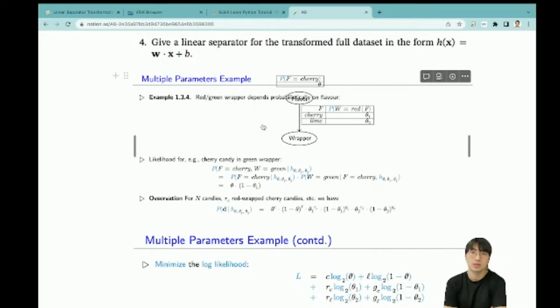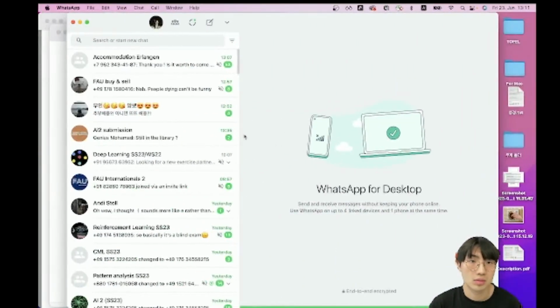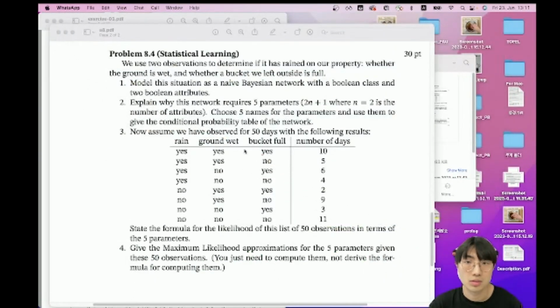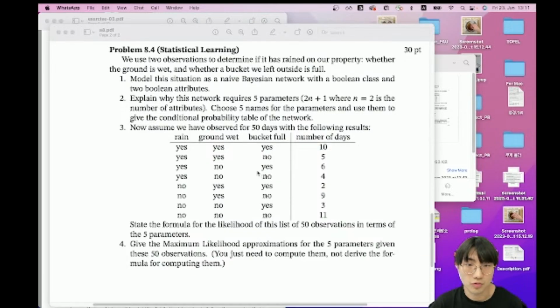We have cherry, blue, green. State the formula for the likelihood.